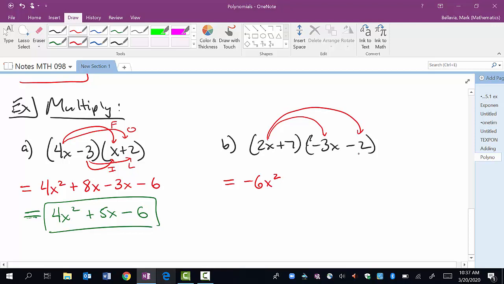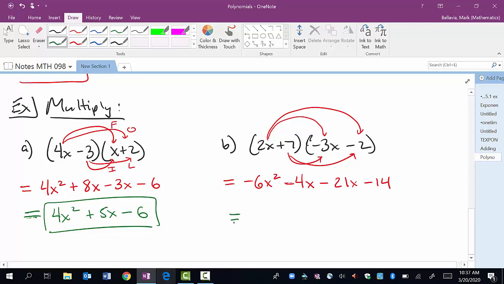The outer, 2x times negative 2 is negative 4x. The inner, it's a positive times a negative, which makes it a negative 21x, right? Positive 7 times negative 3 gives you negative 21. The x comes along. And 7 times negative 2 is negative 14.